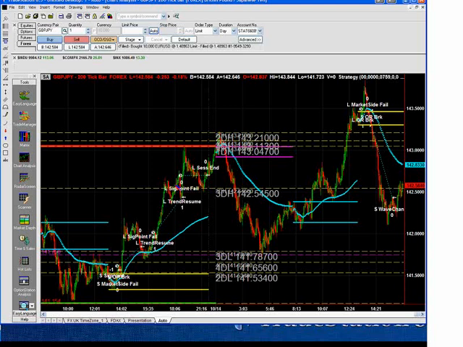When you have something that gives you 3 winning trades in a row, that's the way you want to be trading.